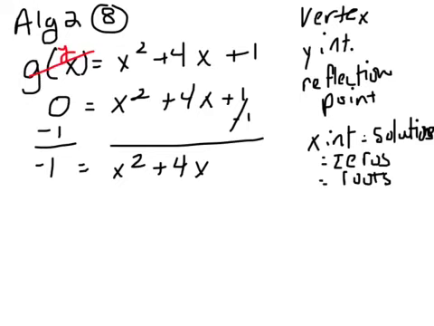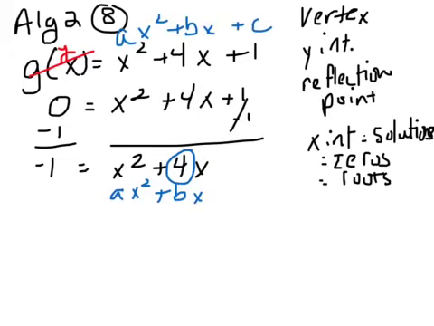Now when we complete the square, here's what we do. We take the b term, and remember, I'm looking at this as ax squared plus bx. I could have labeled it up here, but a lot of times we don't remember to do it when we get started. I'm going to take this b, which is 4, divide it by 2, square it, and add it to both sides. Remember, that's the big deal with completing the square.